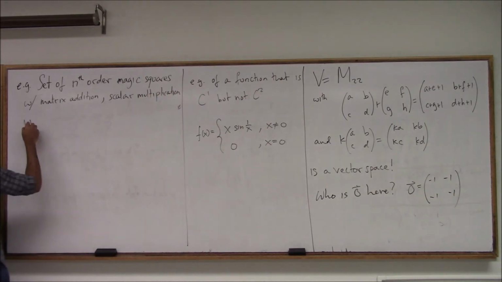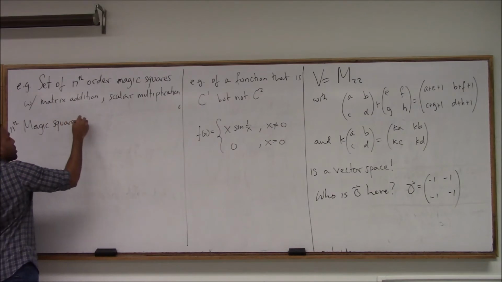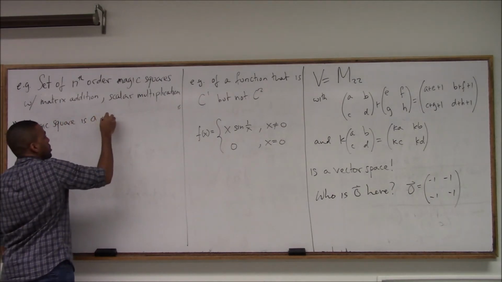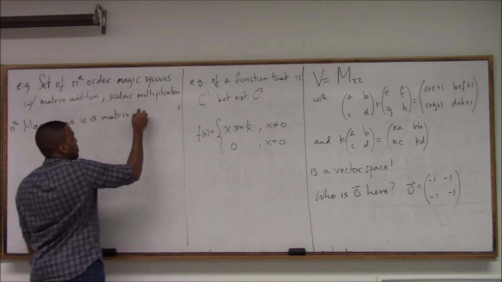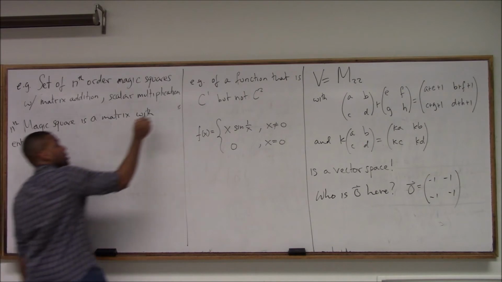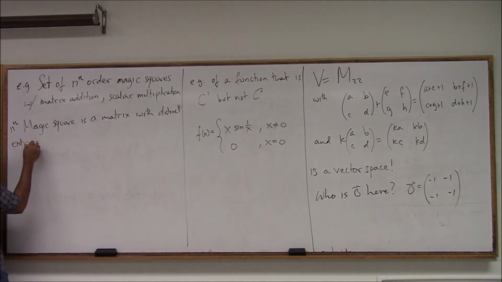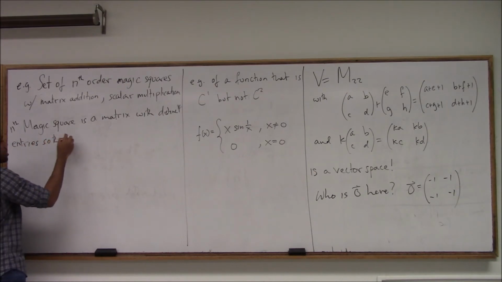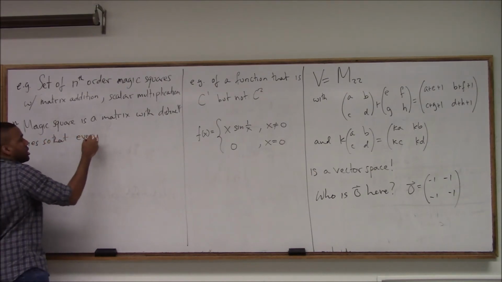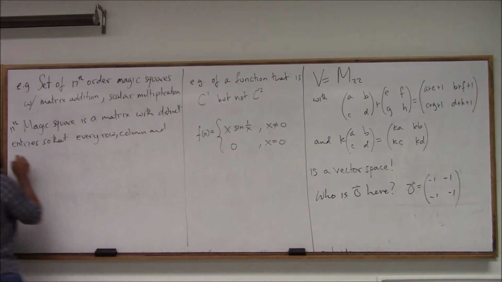So a magic square, by the way, the nth magic square is a matrix with distinct entries so that every row, column, and the main diagonal sums to the same number.